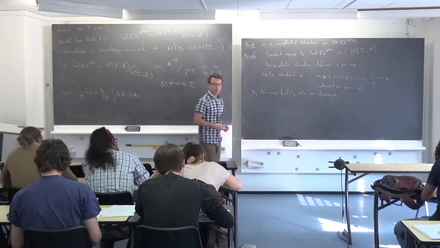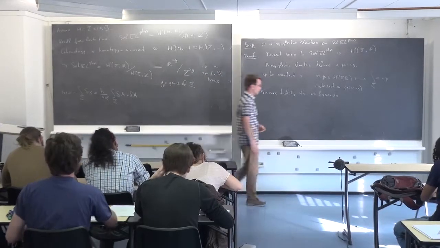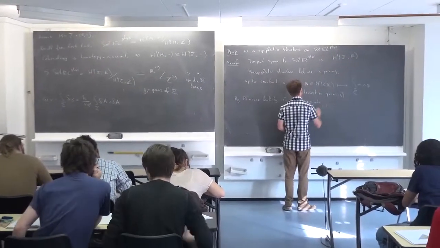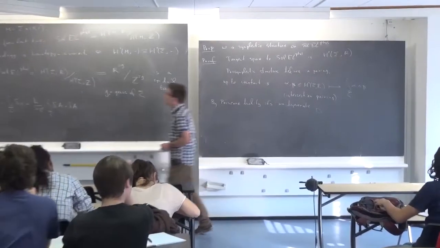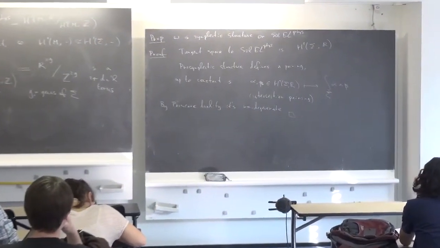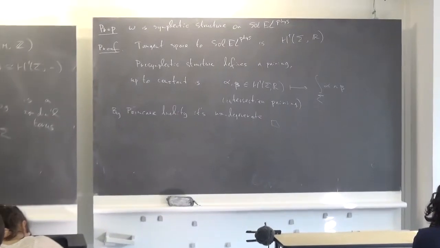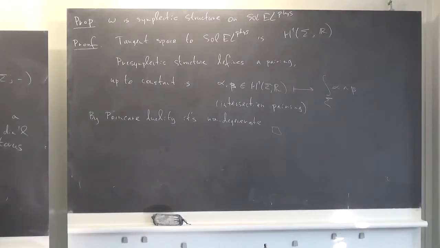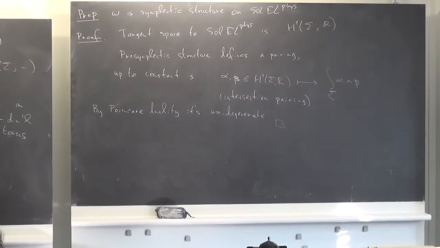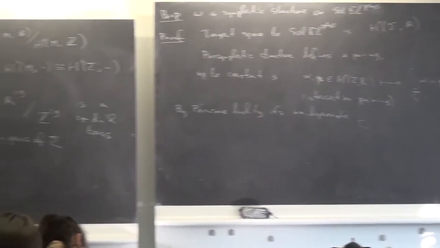Of course, here I'm assuming that k is not 0. All right, so indeed, in this case, the presymplectic structure is very explicit, and it's even a symplectic structure.